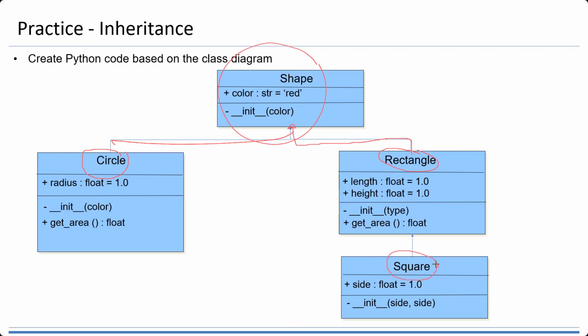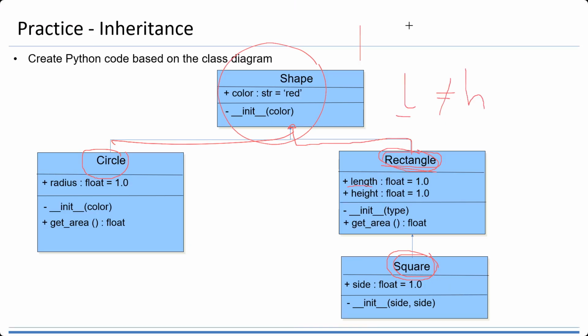what is square? I think rectangle is 직사각형, and square is 정사각형. It means when you have a rectangle, here is the length and the height. The length may not be the same as the height.